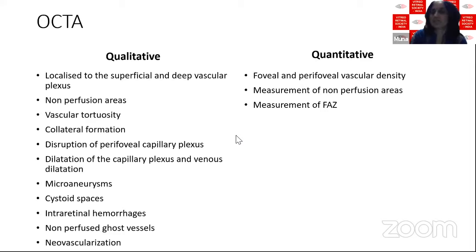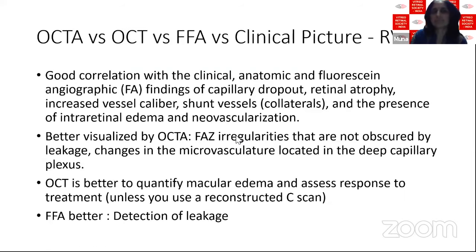The quantitative changes are density of the vessels in the foveal and perifoveal area, measurement of non-perfusion areas, and measurement of the FAZ. All these are purely investigational at the current moment in time.